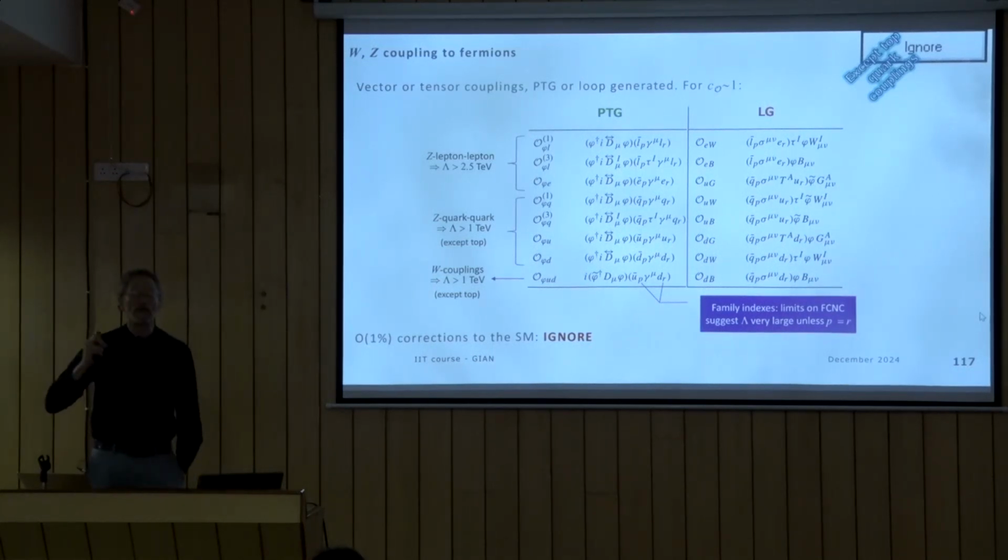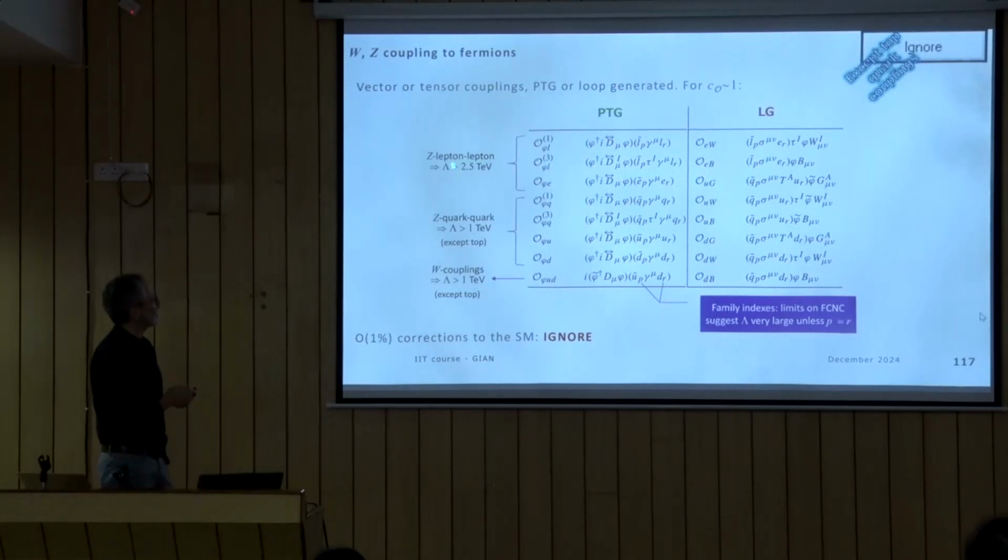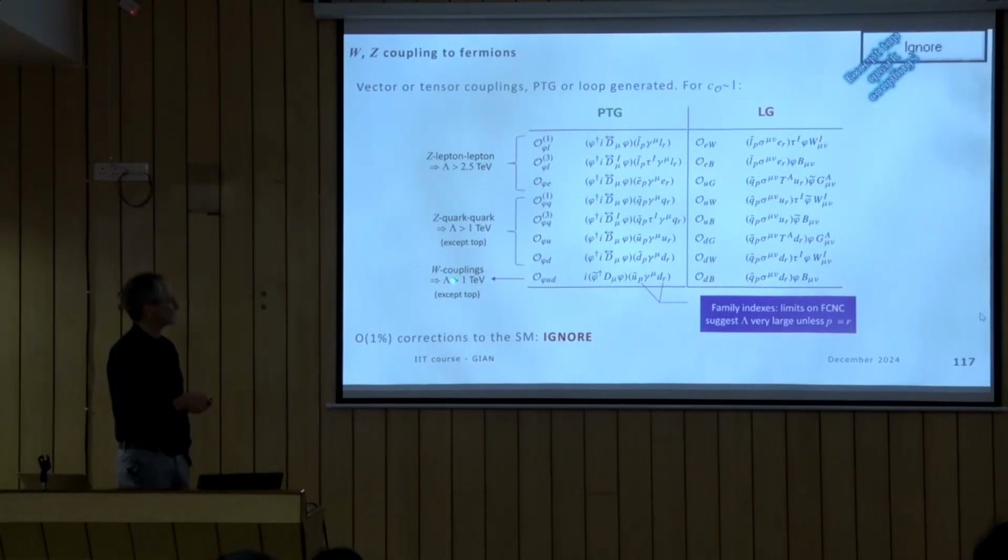But those have been very well measured by LEP and by the LHC, to the point that the constraints require lambda to be greater than 1 TeV in all of them, except for the top quark.